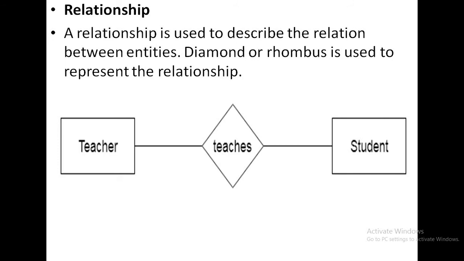So, teacher teaches the students. How are we representing it? Teacher and student are the entities, that's why we are representing them in a rectangle. The relationship is that the teacher teaches the students, so for the relationship teaches we use the diamond symbol.